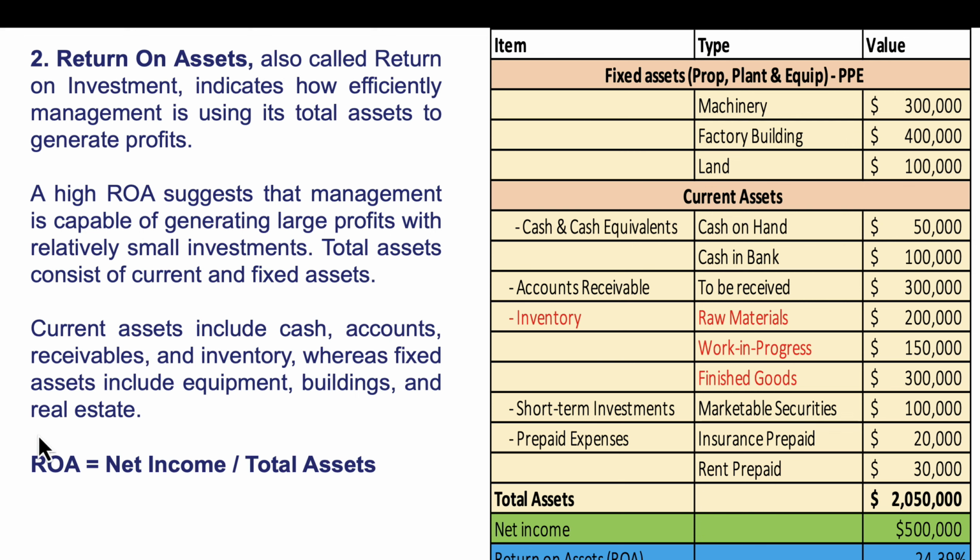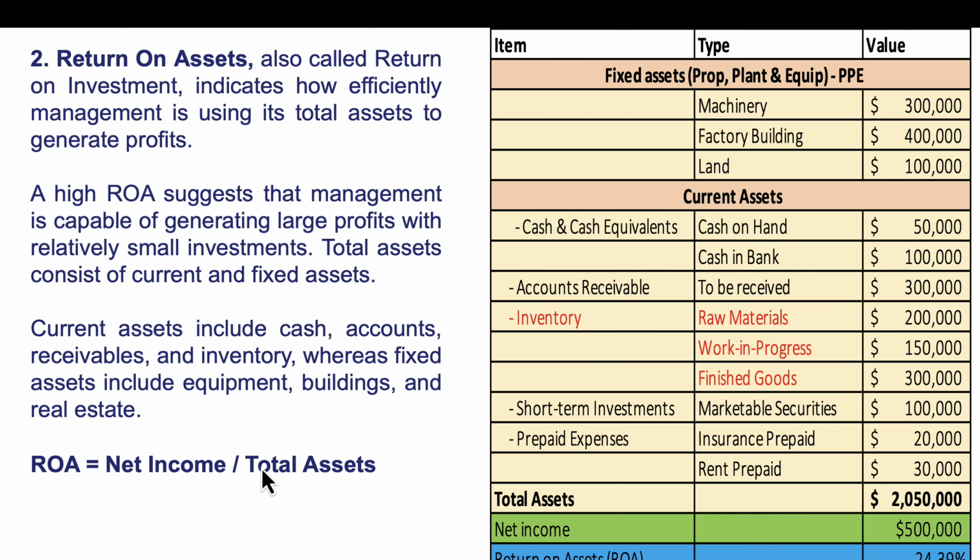As you can see in this formula, net income is the numerator and total assets is the denominator. Now, if we want to increase return on assets, we have two options. One option is to increase our net income, or the other option is to reduce the denominator.